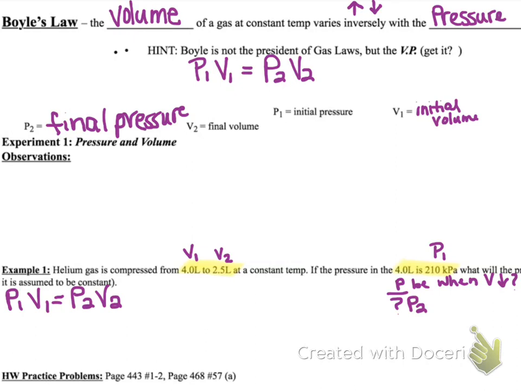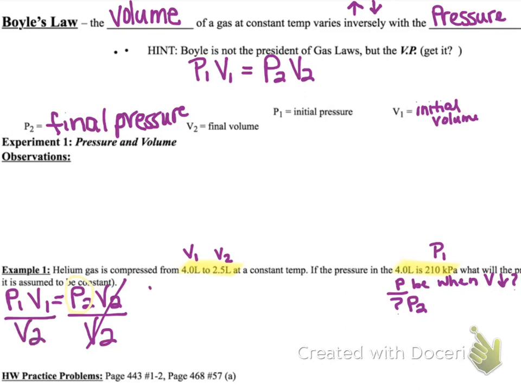And I am trying to get P2 by itself. So, in order to get it alone on that side, we divide by V2. And that will cancel. But if I do it to one side, we all know we have to do it to the other.